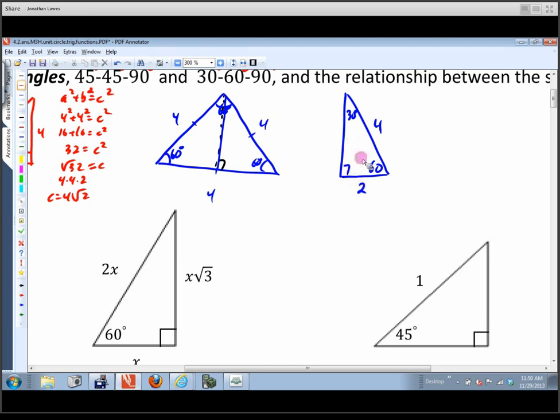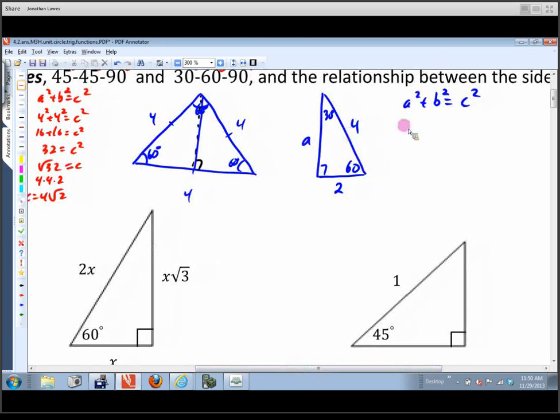Well, I'm going to make a convenient choice here. I'm going to call that one A. You'll remember that if I square the legs and add those together, that's going to be the hypotenuse squared. That's what the Pythagorean theorem says. So I'm going to have a squared plus 2 squared equals c squared, so this is going to be 4 squared.